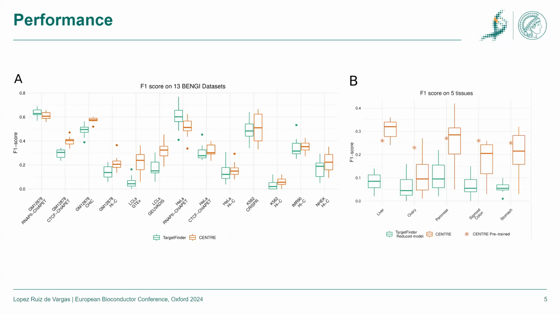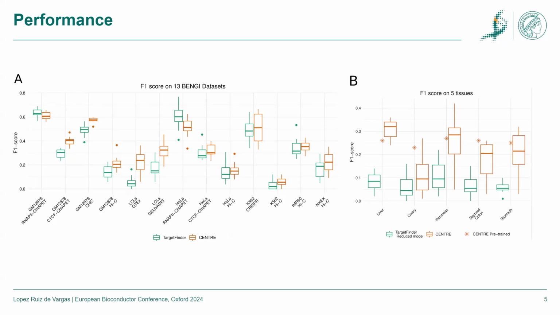As you can see, in green we have Target Finder, in orange we have Center. We perform better in some cases and worse in others. It's quite comparable, but we're using much less data than they are. We compute around 30 features on our data, they compute 300. And so we feel our model is much more understandable for people as well.